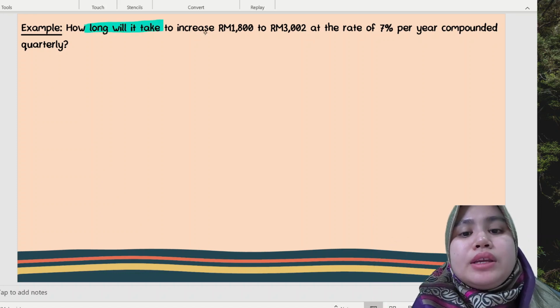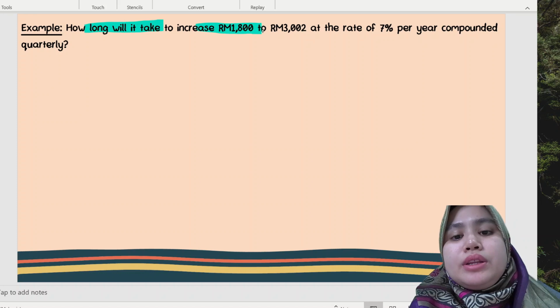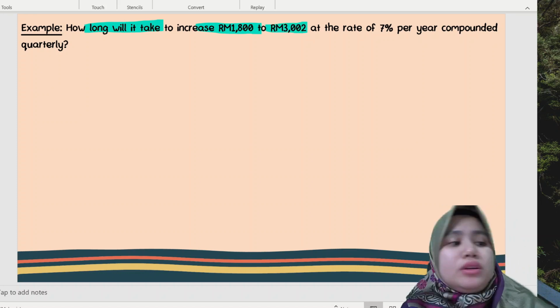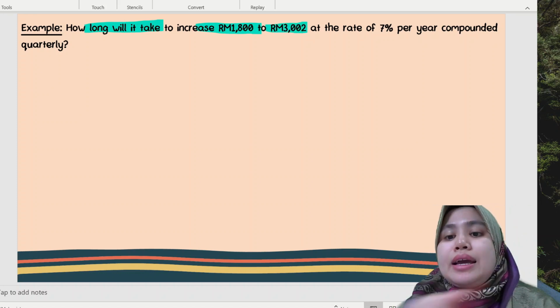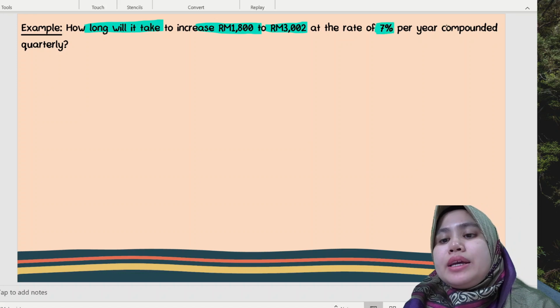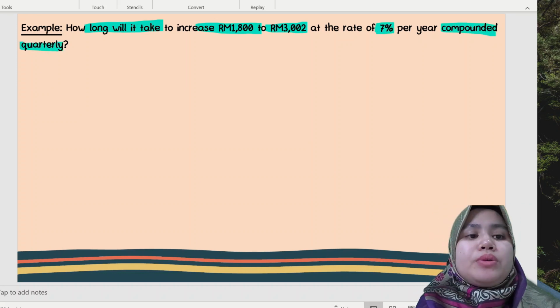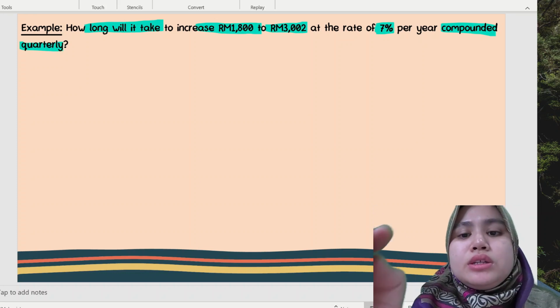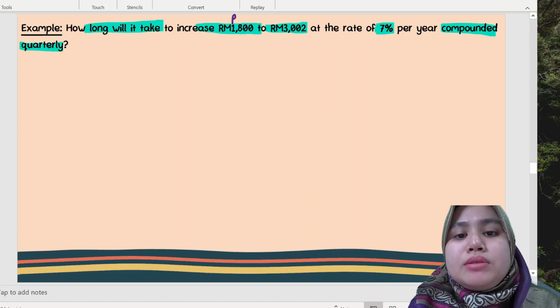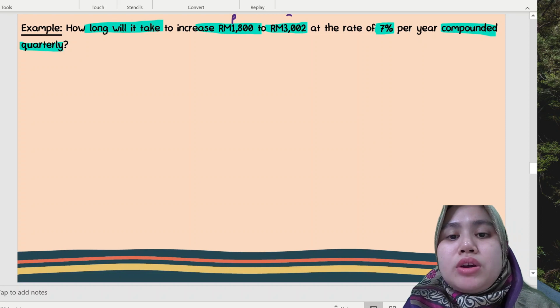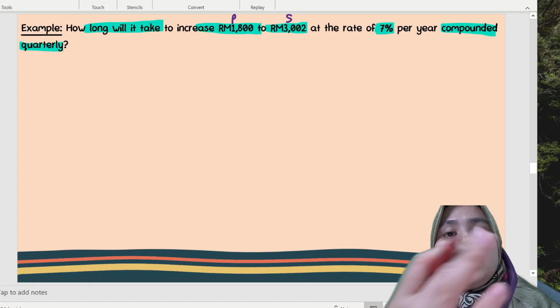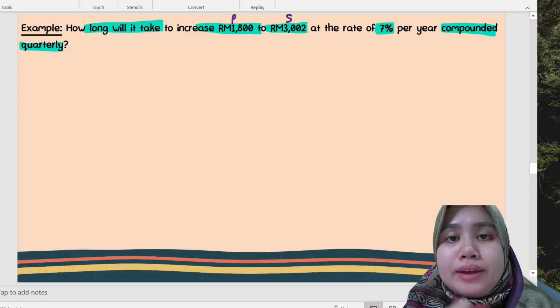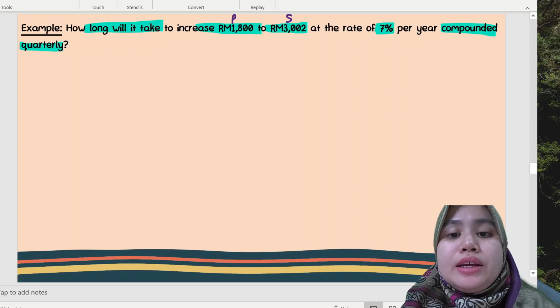How long will it take to increase 1,800 to 3,000 ringgit at the rate of 7% per year compounded quarterly? Okay, so here is P, right? This is your S. You want to increase 1,800, that means you have to invest 1,800.